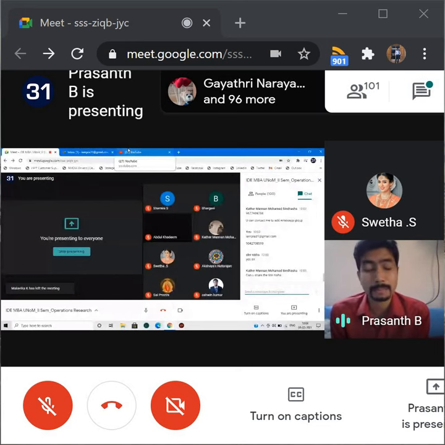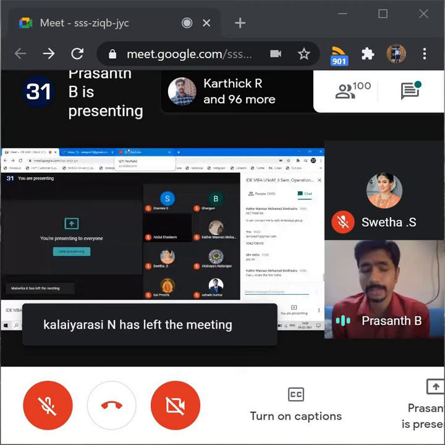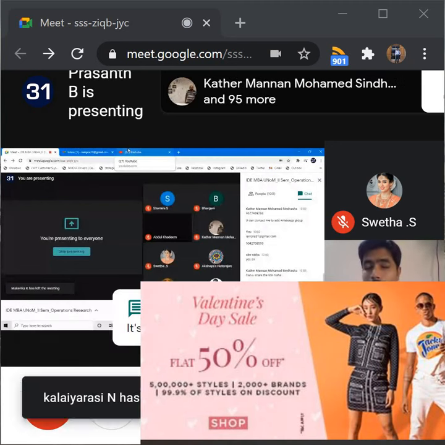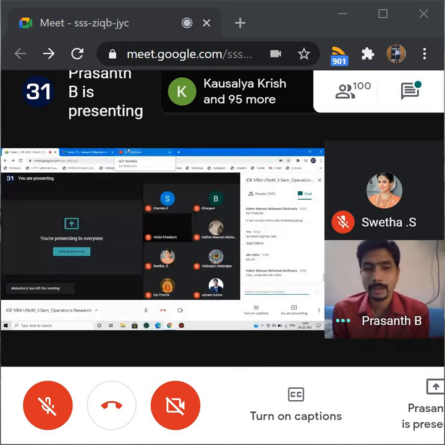aspects are replacement problems. Replacement problems are like this: supposing you buy a machinery and it is functional in the production unit. There is a shelf life for that particular machinery, and you have to decide when to replace it, when servicing becomes very difficult, or when the cost of servicing the machinery is much more than replacing it.